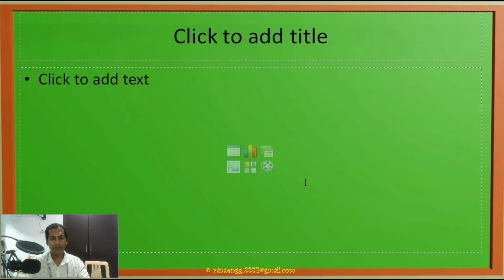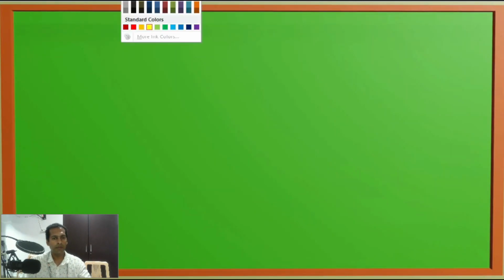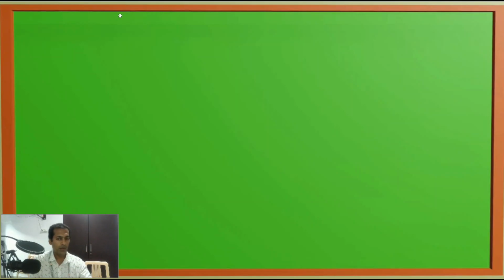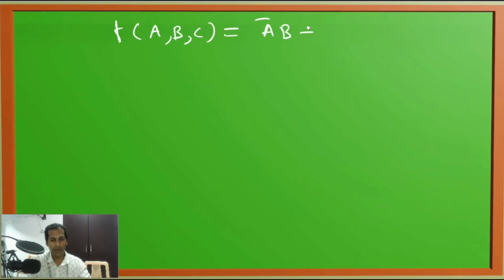For example, we'll consider one function, say f of a comma b comma c is equal to a bar b plus b bar c.